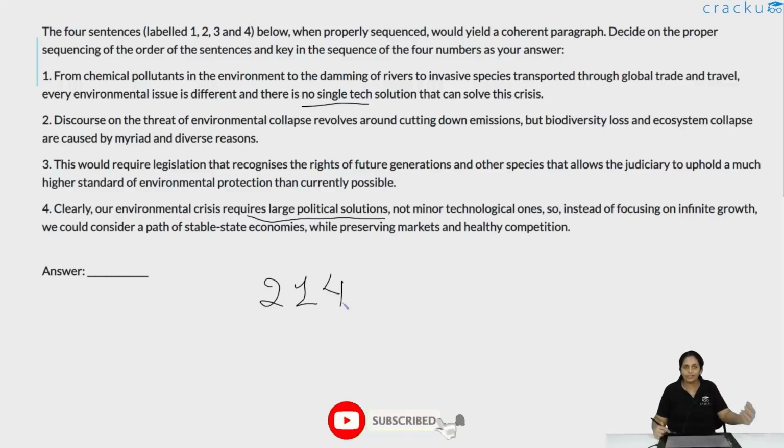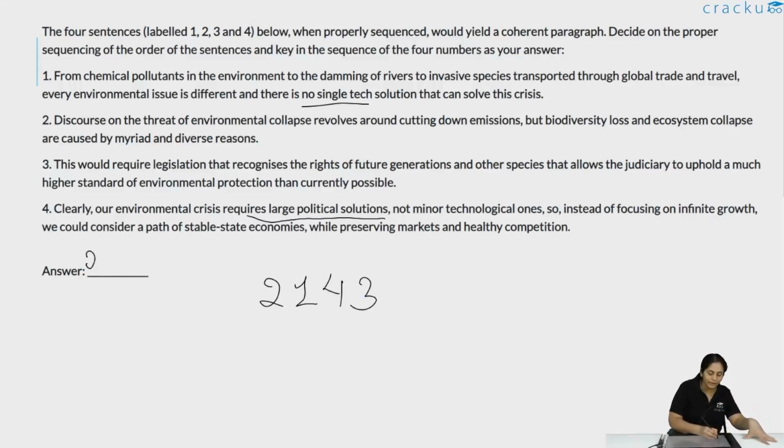And how would we achieve that? That is mentioned in 3. We would require legislation, we would require judicial power to actually make sure that this works. So the 2-1 tell you a problem, 4-3 give you a potential solution for it. So the order of the sentences should be 2-1, 4-3.